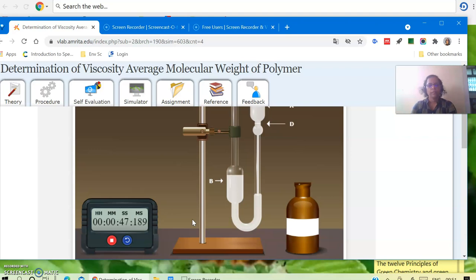We expect that the polymer solution is denser than the pure solvent water, and hence it will take more time to flow through the same distance.